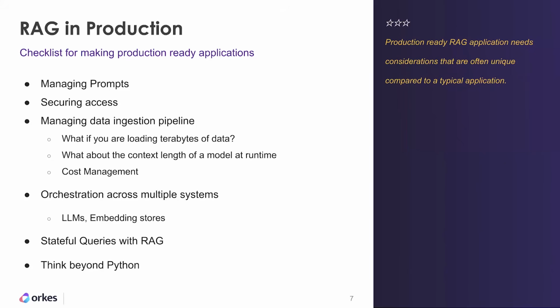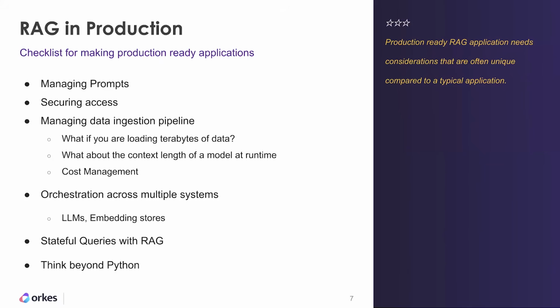Do you want this to be accessed by everybody? Probably not, right? What if you have fine-tuned a model using this data, and you do not want everyone to start querying about last quarterly misses or current revenue and things like that. So that's the other piece you need to think about: how am I going to secure access to this information, just like you would do with a typical database.